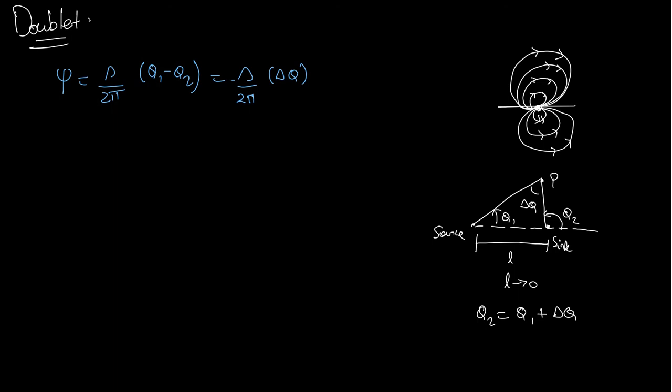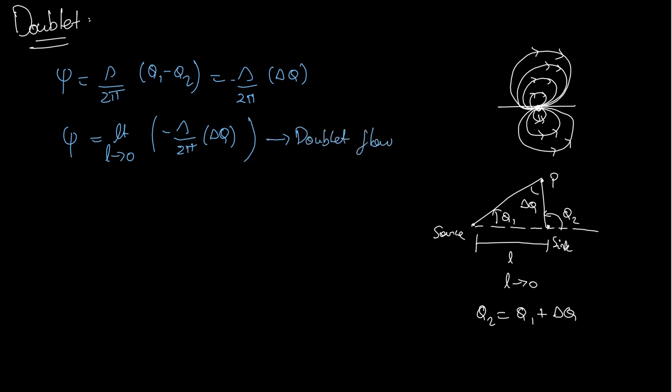And if I want to make this a doublet flow, I need to bring these two closer. That means I need to calculate psi in the limit L tends to 0 of minus lambda by 2 pi times delta theta. So this is what will be my psi for a doublet flow exactly.